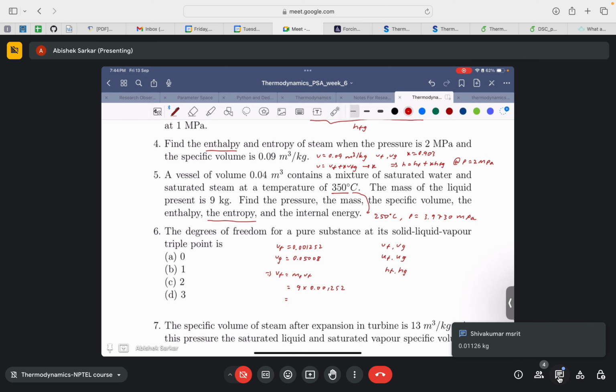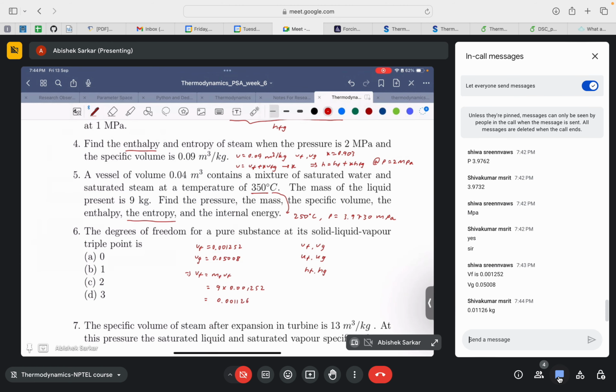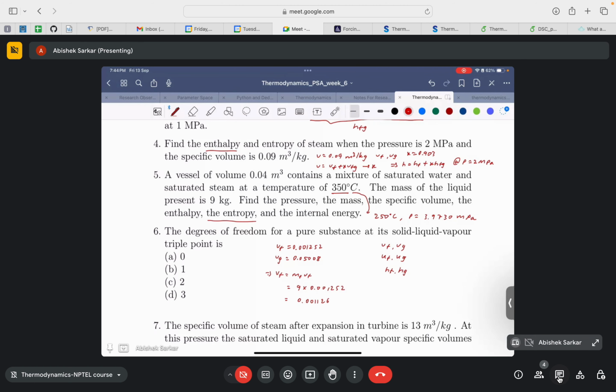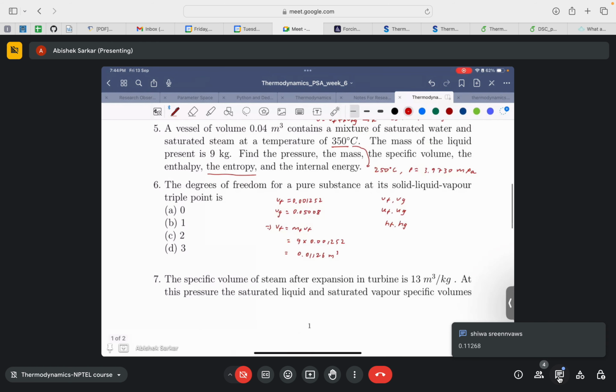Okay, 0.001126. Is it? Okay, 0.01, oh, 01, sorry, I have written additional zeros. So now you see you have the volume of the fluid in your hand.